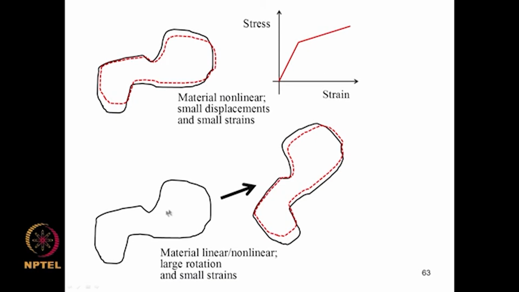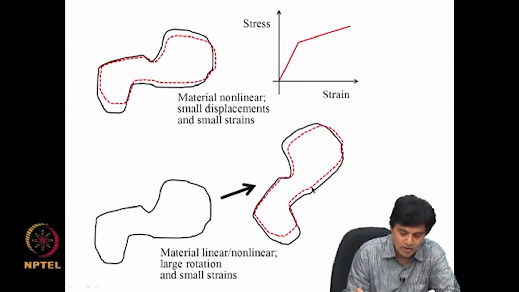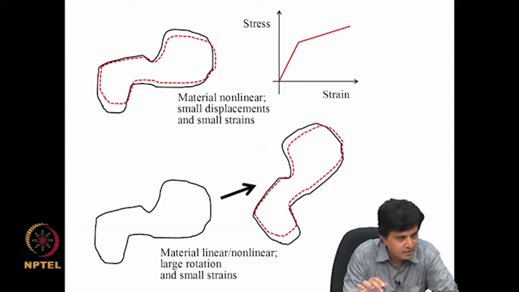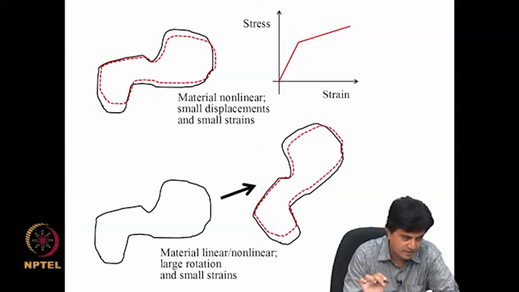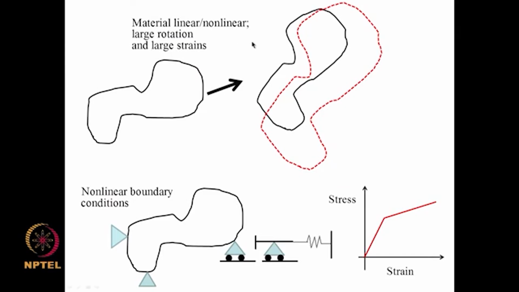Here the material could be linear or nonlinear, but there are large rotations and small strains. So, one of the questions that needs to be carefully addressed in dealing with nonlinear problems is treatment of rotations. So, in a more general class of problems, of course, material could be linear or nonlinear, there are large rotations and large strains. These are the most general class of problems which are most difficult to deal with.